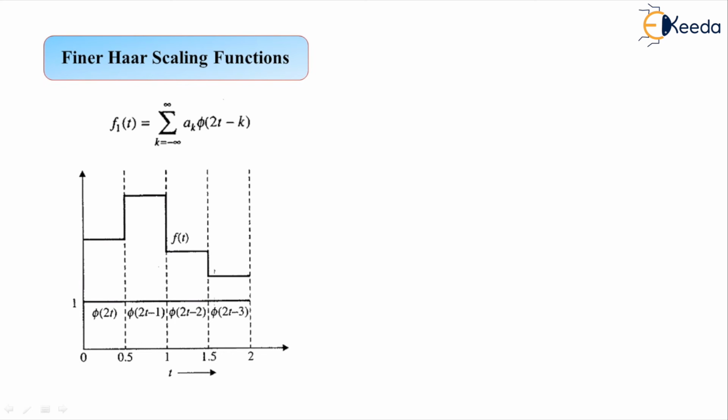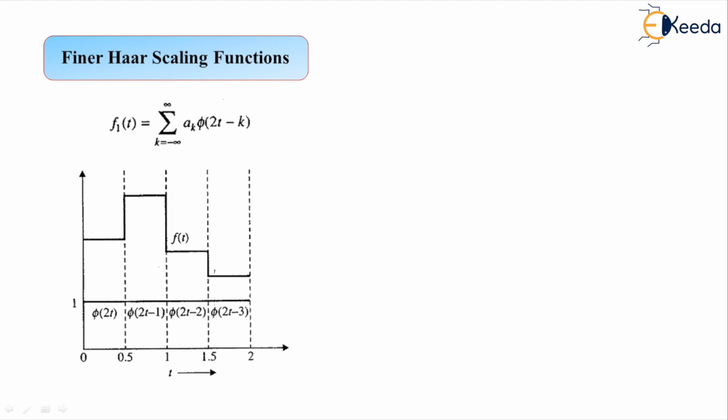If we try to have a still finer Haar scaling function, we again get a variation: the representation of the functional space defined by the bases phi of 2 squared t minus k, which in general you can call phi of 4t minus k.